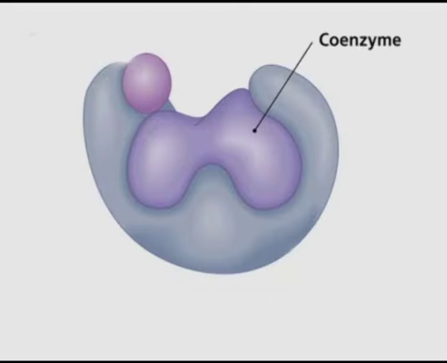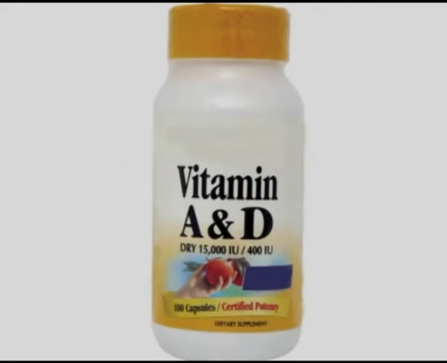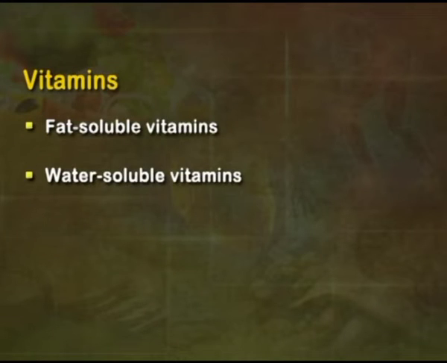For example, some vitamins function as coenzymes, others function as antioxidants, and two other vitamins like A and D function as hormones. 14 substances are now recognized as vitamins. Vitamins are frequently described according to their solubility. They may be either fat soluble or water soluble.